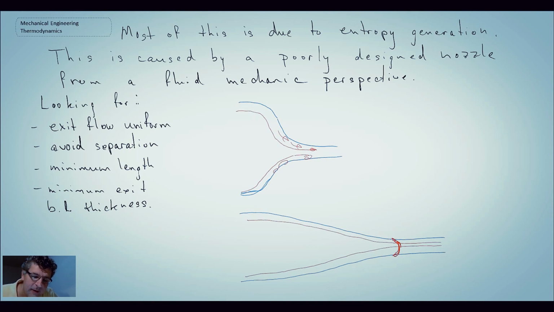So those are places where you can have inefficiencies, and separated flow leads to turbulence, and that leads to viscous dissipation, which is basically conversion of pressure into thermal energy, which we said is a disorganized state of energy.